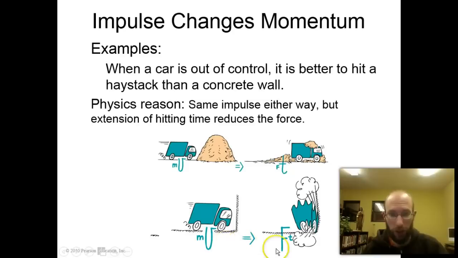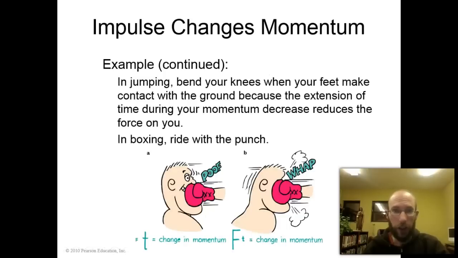Same change in momentum here, but in this case the time interval is tiny, so the force has to be huge. This is why you bend your knees when you jump, or you roll with a punch. The change in momentum and impulse in each case is the same, but you're minimizing the force by extending the time that it has to change your momentum.